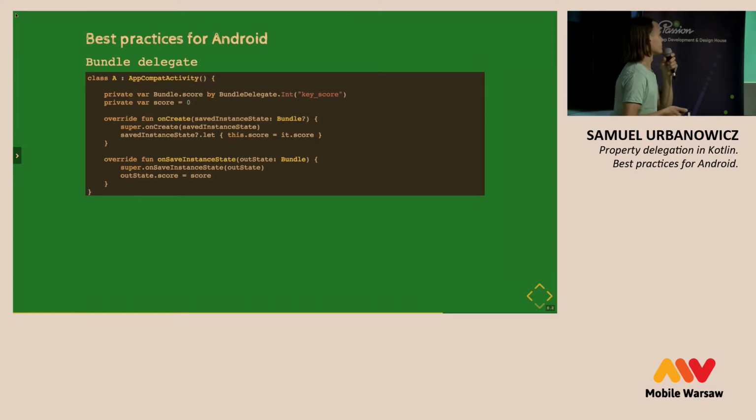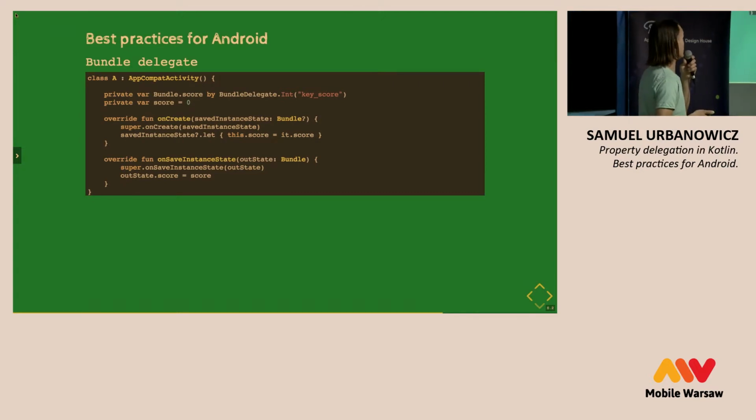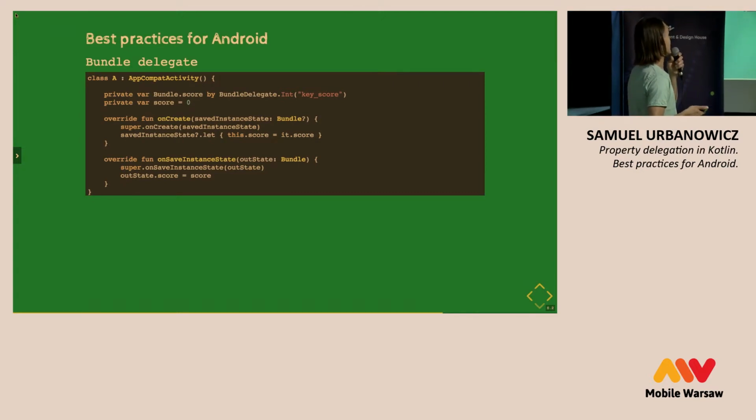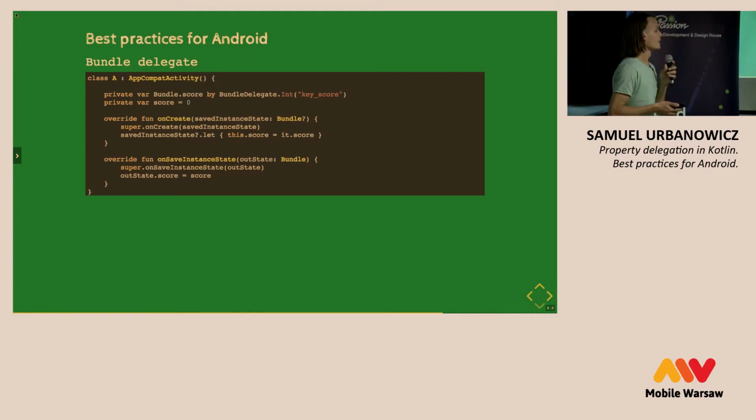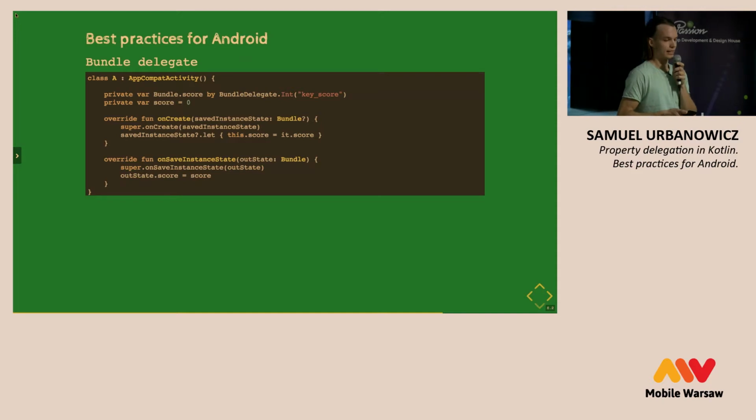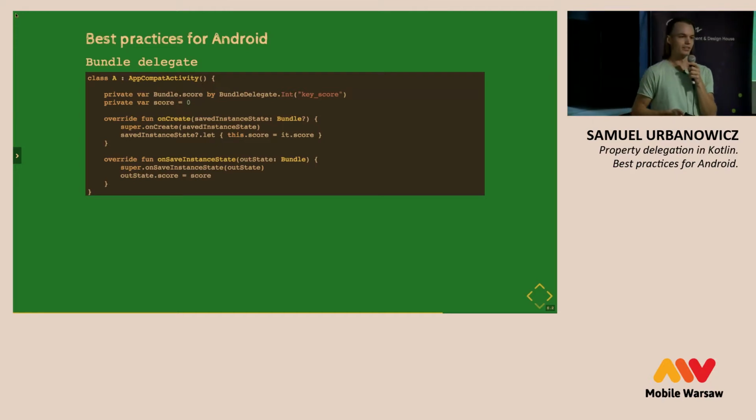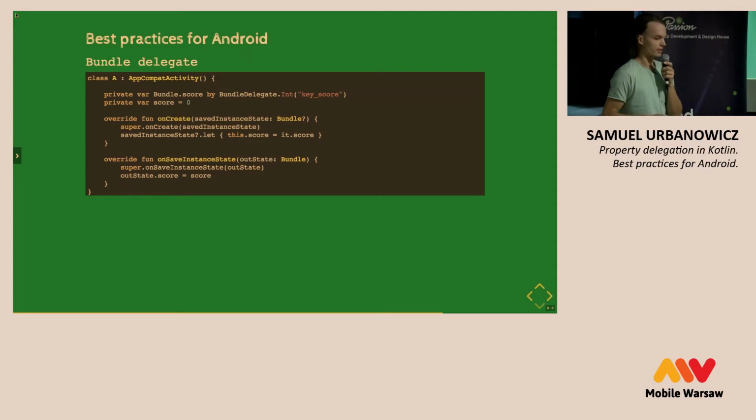Also, another technique I would like to talk about is something we can call a bundle delegate. This is the stuff I really hate in Android. I mean saving the state of the view before our activity or fragment gets destroyed or detached.